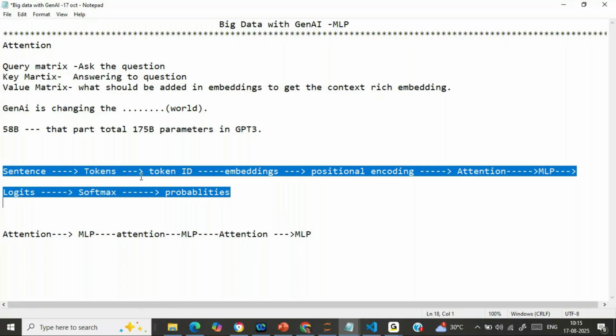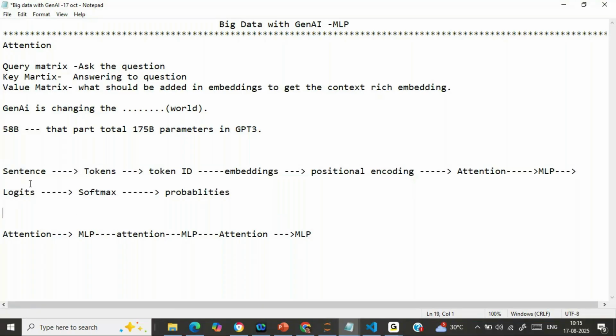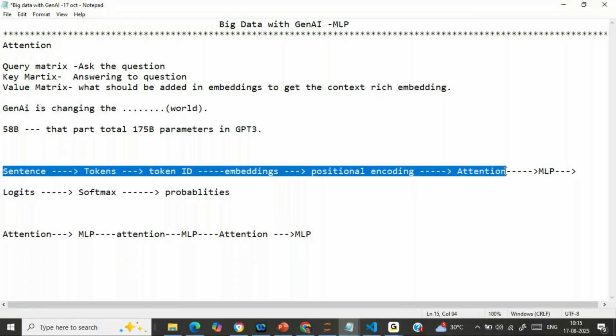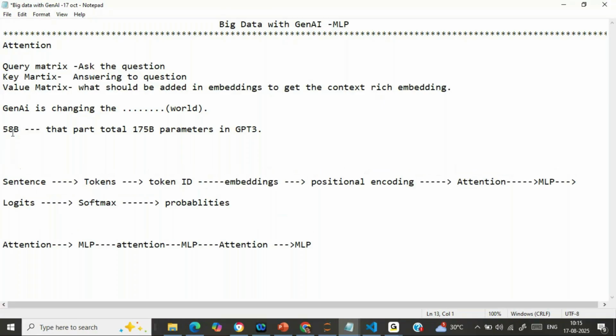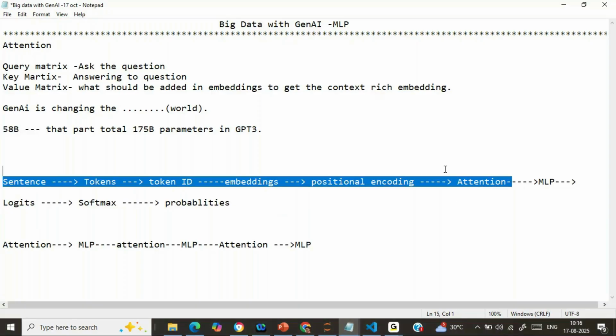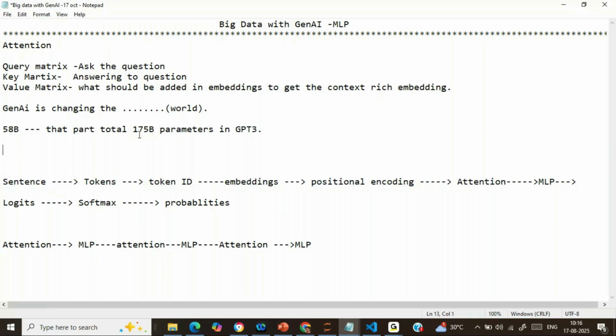So this is the entire stuff happening inside the transformer architecture. We have gone through this architecture up to the attention mechanism, and up to attention we have almost 59 billion parameters. These 59 billion parameters are part of the 175 billion parameters.